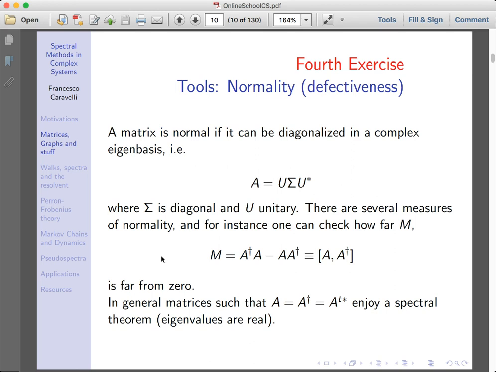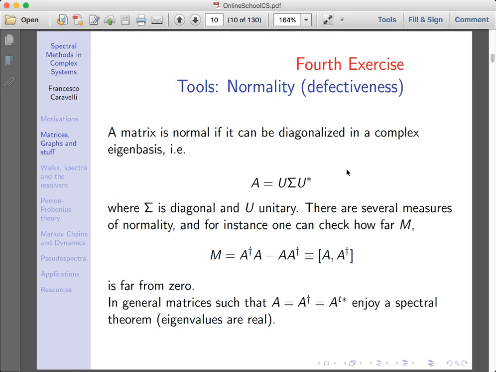Examples of matrices that are normal, for instance, are symmetric matrices. Other examples are Hermitian matrices, or matrices such that A adjoint is equal to A. Both these matrices satisfy, they possess, a spectral theorem, meaning that the matrix sigma here in this slide, which is a diagonal matrix where the eigenvalues are, is a real matrix, meaning that all the eigenvalues are real.